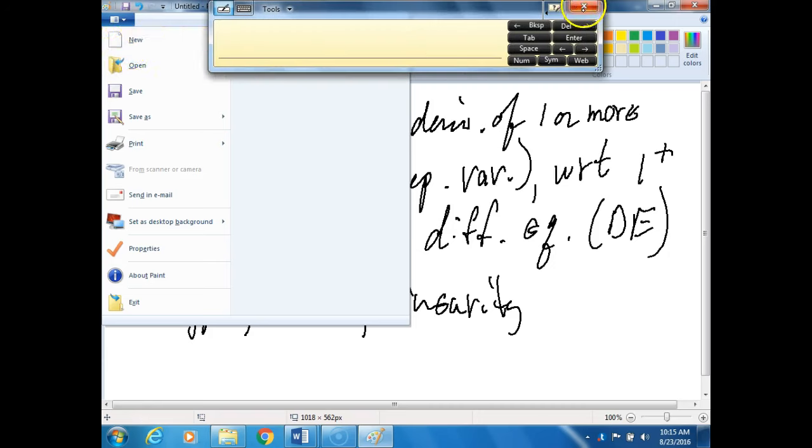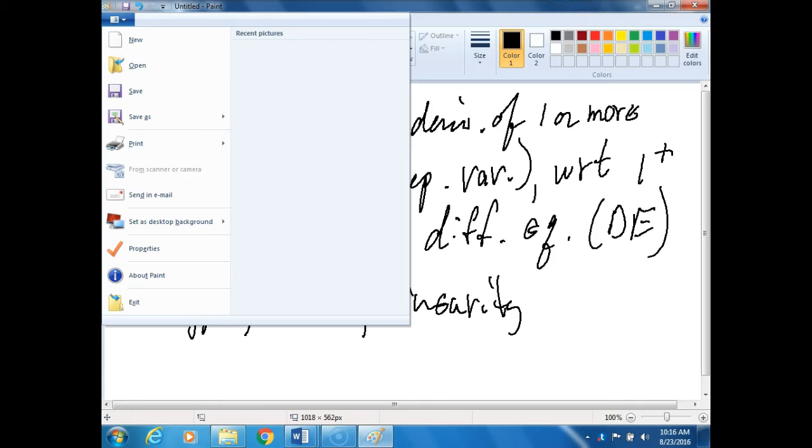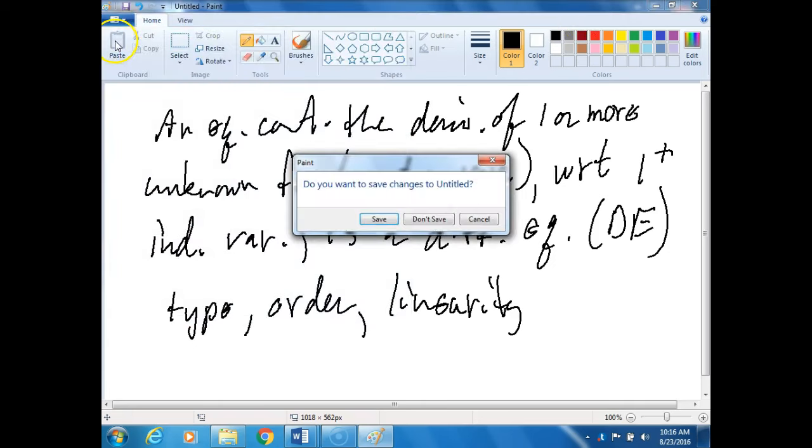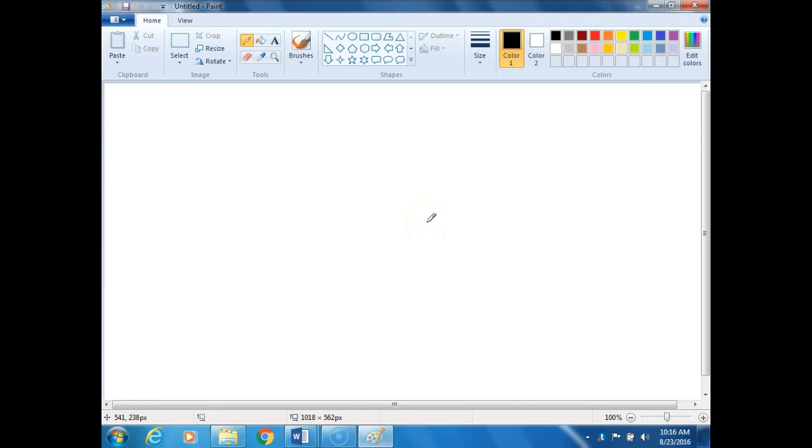Oh, okay. This is real handy. I'm glad it's here. Sorry, I'm still learning Screencast-O-Matic. It's got to be better than this. Okay. New. Don't save. I hope Screencast-O-Matic is saving it all, so I hope.